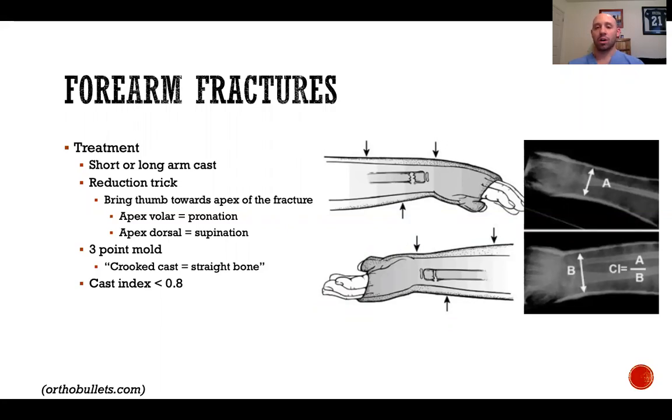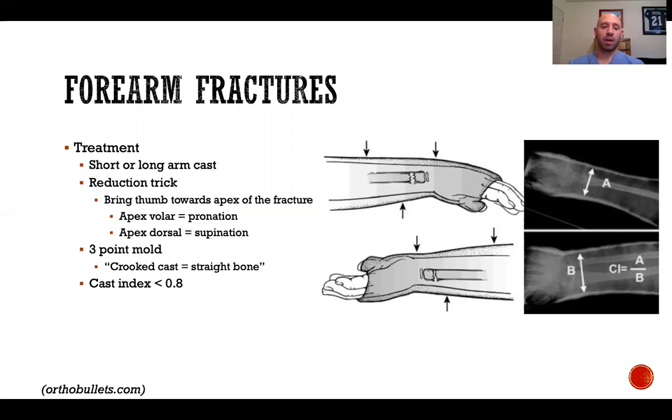For most of our fractures, the way we reduce things is we recreate the deformity and then put it back into its normal position. A trick, though, sometimes both bone forearm fractures are a little bit difficult to reduce. So a reduction trick for them is, you can just think of it by bringing the thumb towards the apex of the fracture.